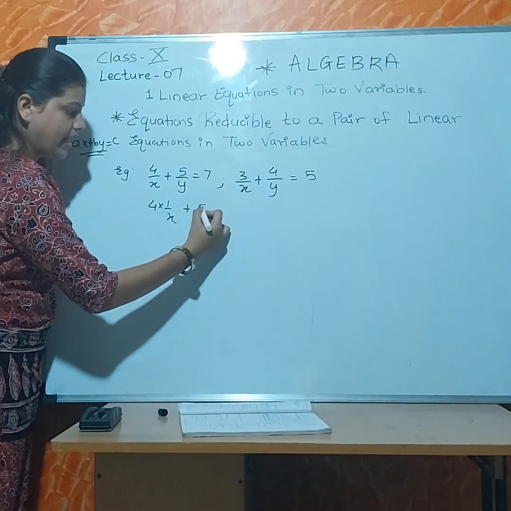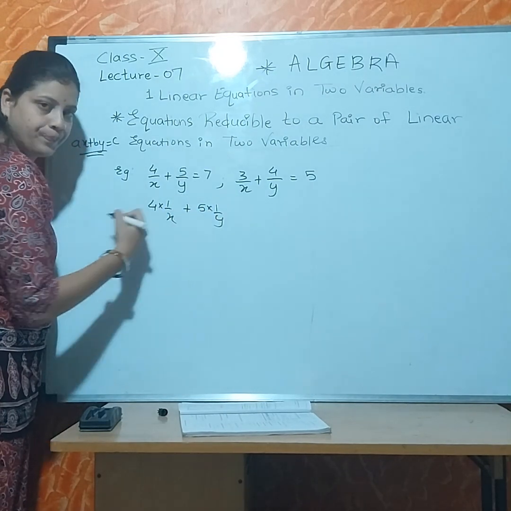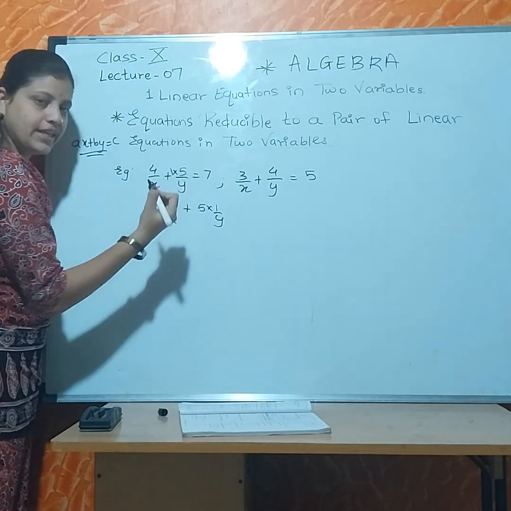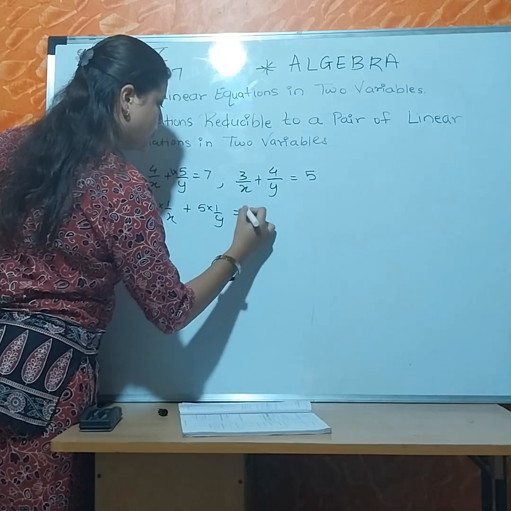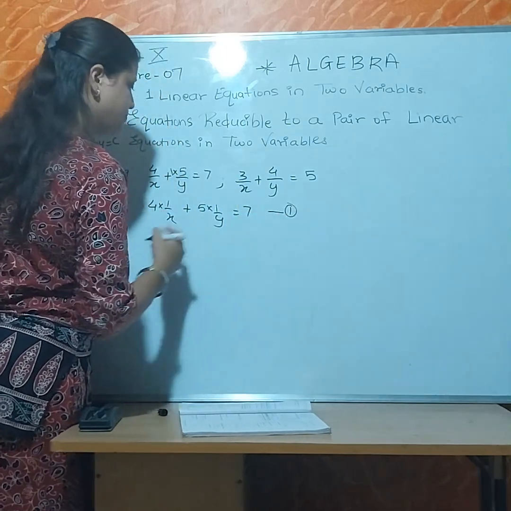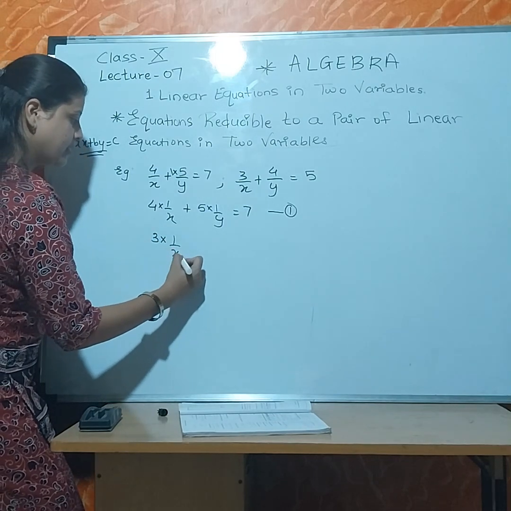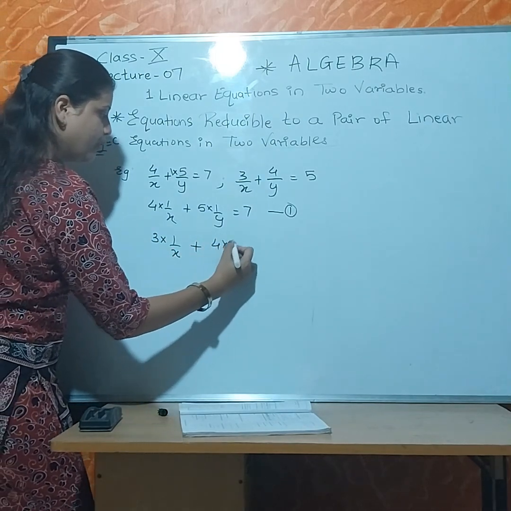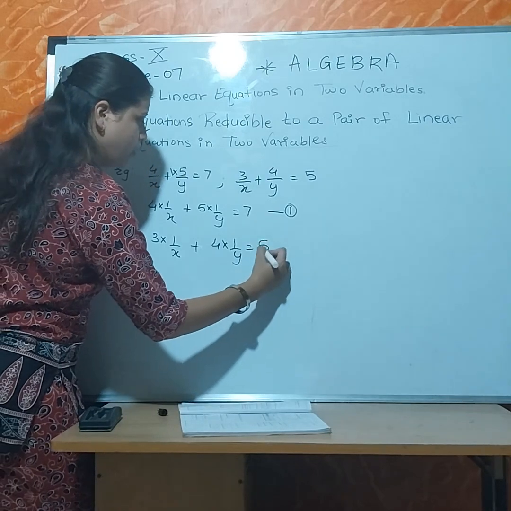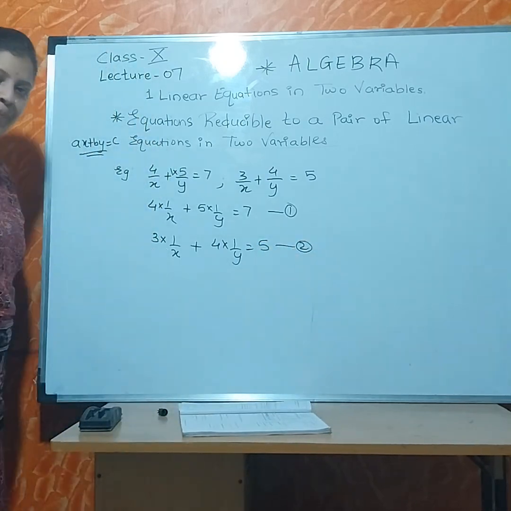Similarly here, I can write 5 into 1 upon y, is equal to 7. This is the first equation. Now the second equation, how can I write? 3 into 1 upon x plus 4 into 1 upon y is equal to 5. Can I write in this way?